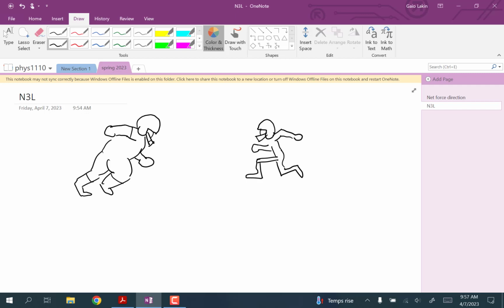Okay, so what's going to happen when these two players collide? There's going to be a major difference in the effect this has on the two players. The big football player is going to keep moving forward basically the way they were before the collision.